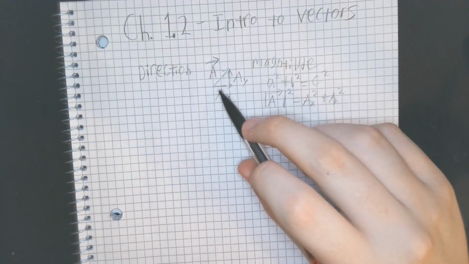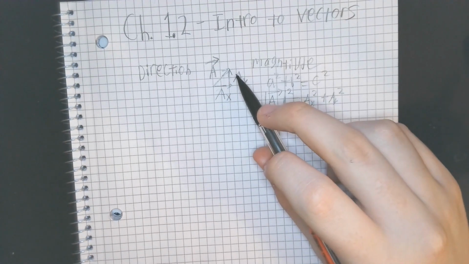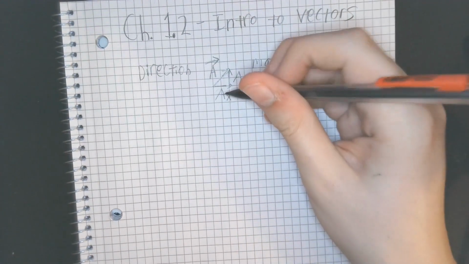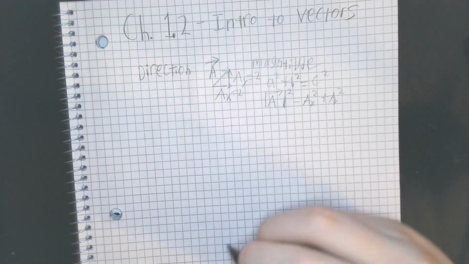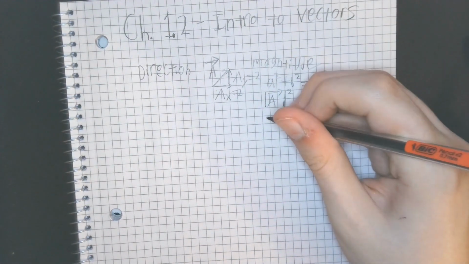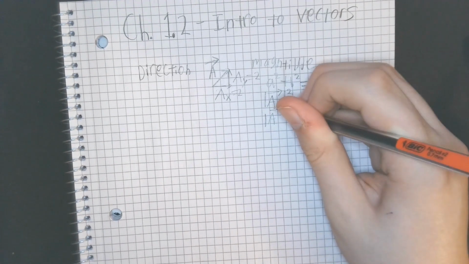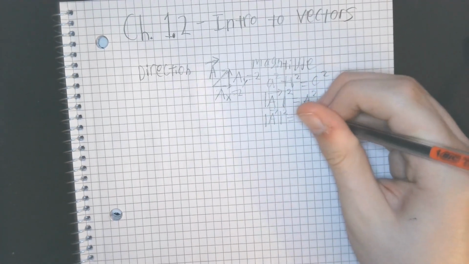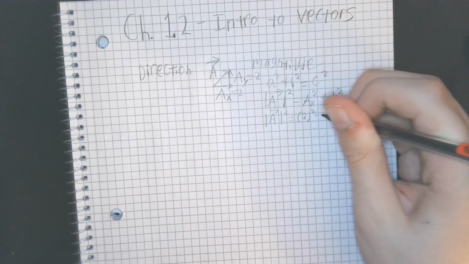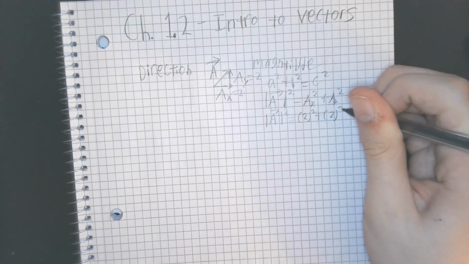To simplify this, we are going to say it's 2 units to the right and 2 units up. So I'm just going to go ahead and write in 2 for each of these quantities. And now we can see that the magnitude of vector A squared equals 2 squared plus 2 squared.